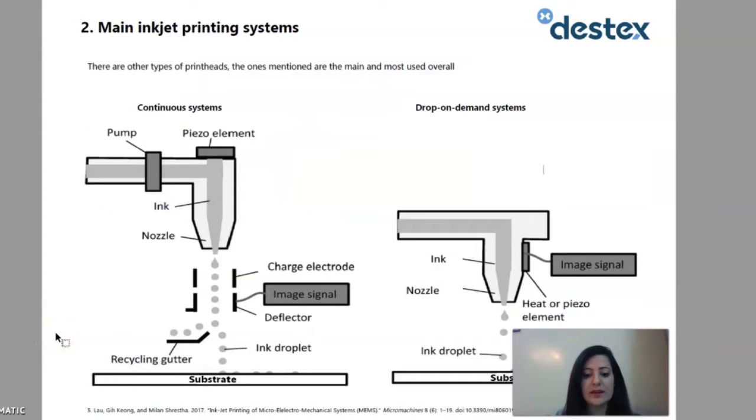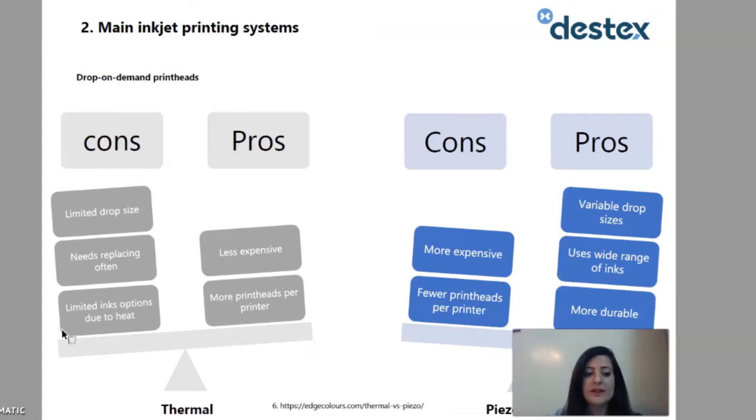As we can see here, we have to differentiate between the two methodologies of having the ink delivered to the printhead, in which case we have some pros and cons. For example, in drop-on-demand, which is in focus nowadays, the piezoelectric is more popular than the thermal because the high temperature in thermal printheads can sometimes affect the quality of the ink used.